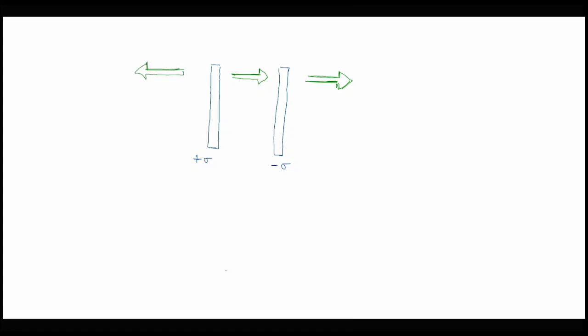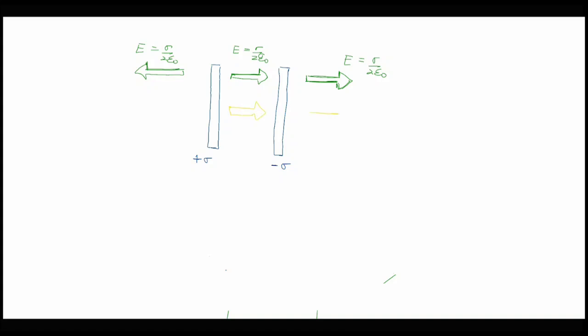And the value of each is going to be E is equal to sigma by 2 epsilon naught. And due to the negatively charged sheet, the electric field is directed towards the sheet, something like this.